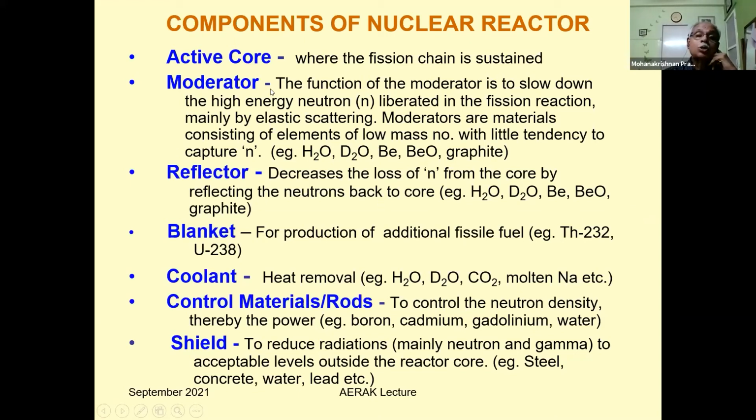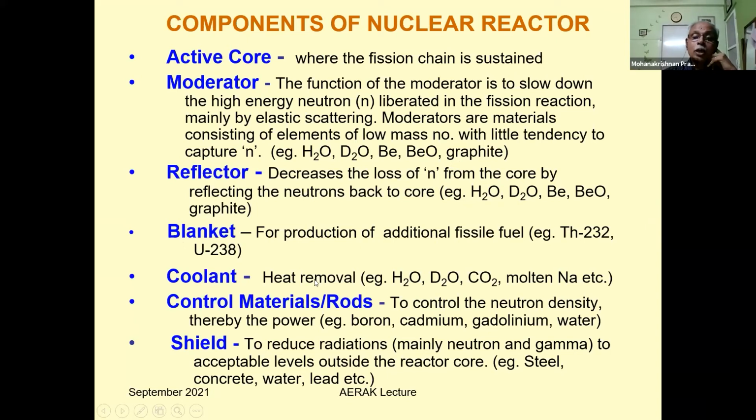Reflectors are also similar to the moderator. They decrease the loss of neutrons by reflecting them back to the core. Heavy water, beryllium oxide, graphite. Blanket is for production of additional fissile fuel, like thorium-232 and uranium-238, used in fast reactors.